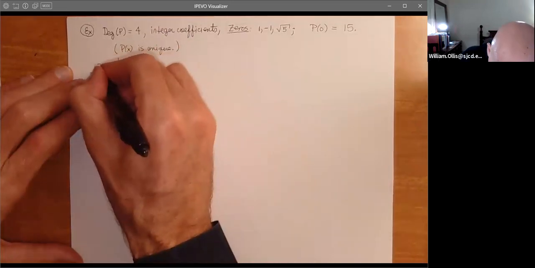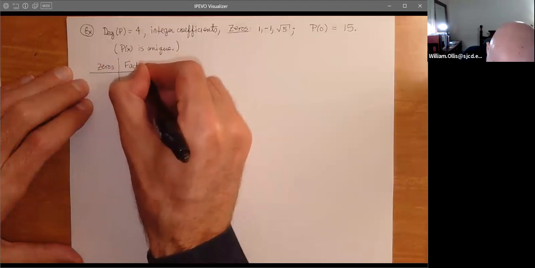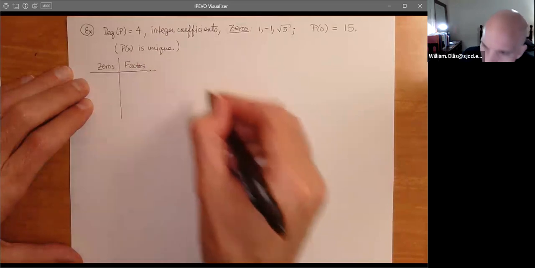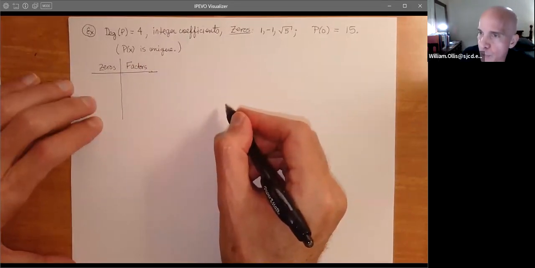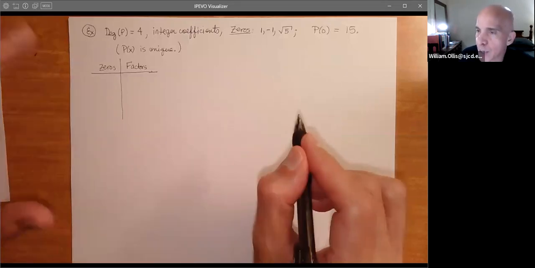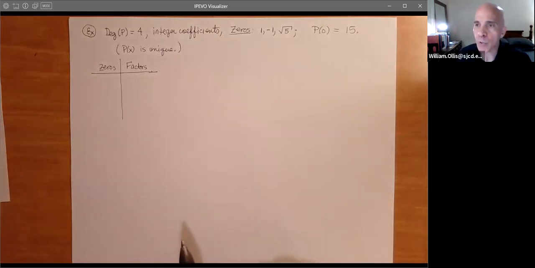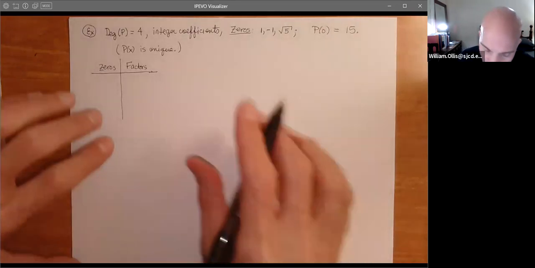So we've got zeros and then we have factors. This is easy. It's not nearly as hard as some of the word problems that you all struggle with, mixture and time, rate, distance. It's amazing that if you do everything logically, nothing should be hard, but we just have to follow the recipes that get us where we want to go.